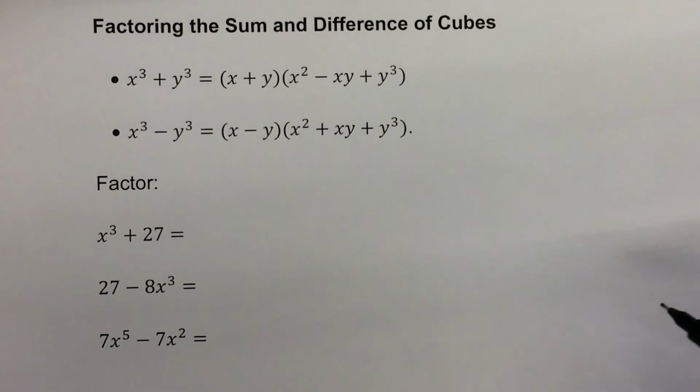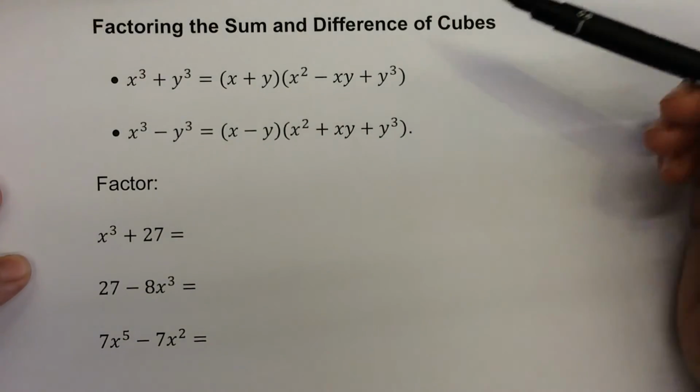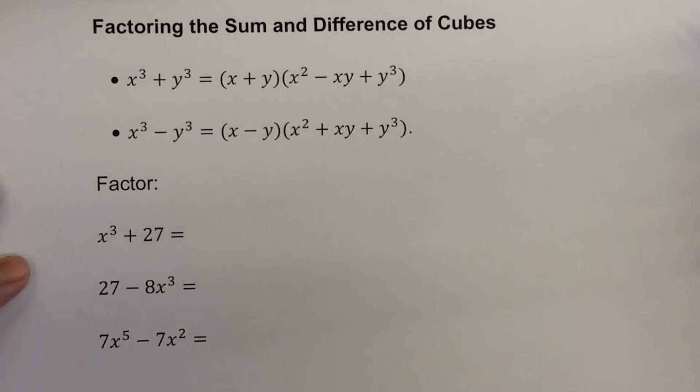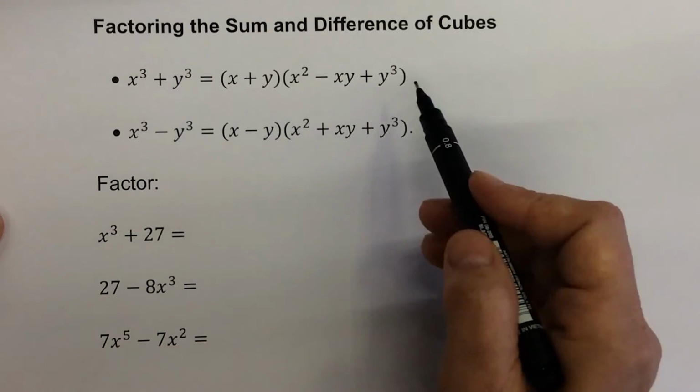Further factorizing techniques. So another 2 useful formulas are the sum and difference of cubes. So again, these are shortcuts and it's good to remember, and it just helps you to simplify expressions more efficiently. Okay, these are the formulas.